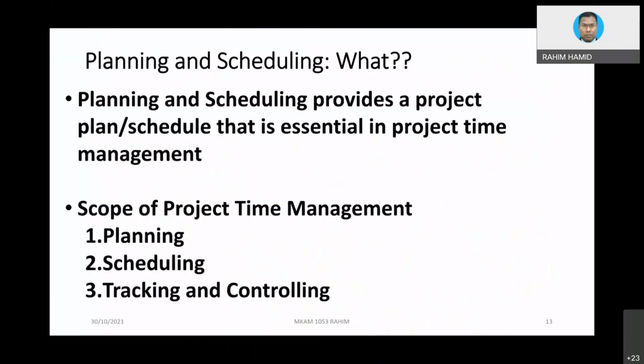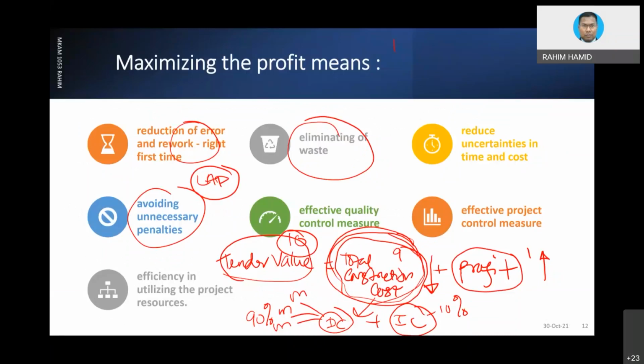Okay, now we come into... So can you repeat what is LAD again? Liquidated ascertained damages. So in a construction contract, the term penalty can be defined in many things, but for simple terminology, we use penalty.